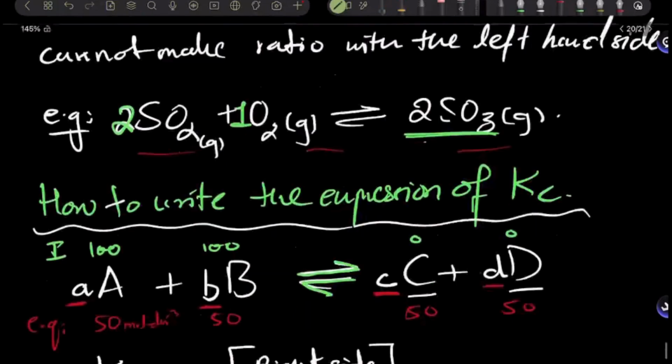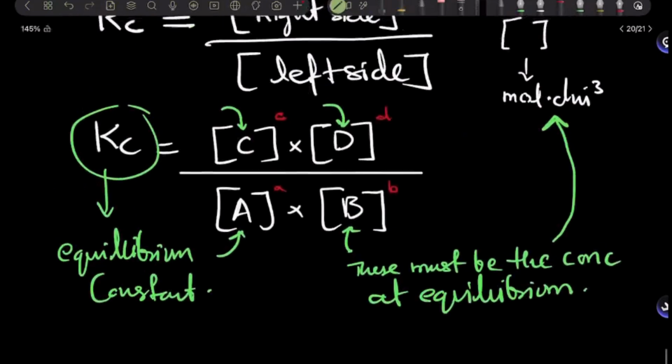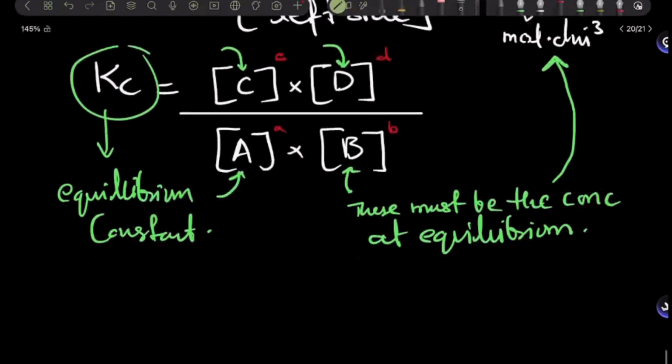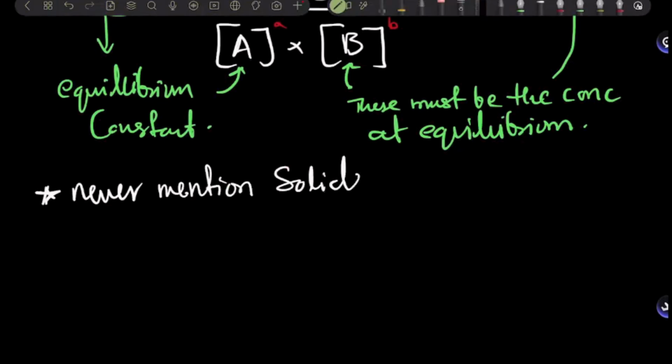But if you have a heterogeneous equilibria, for which I will give you an example later, remember that we never mention any solids in the Kc expression. I'll just write that as an important point, that never mention solids in the Kc expression.